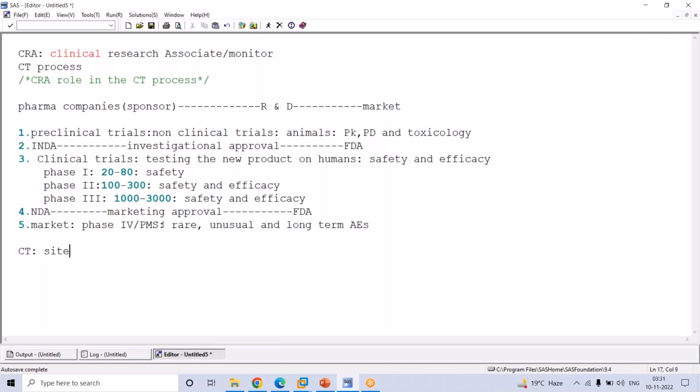Most of the clinical trials will be multi-centered.